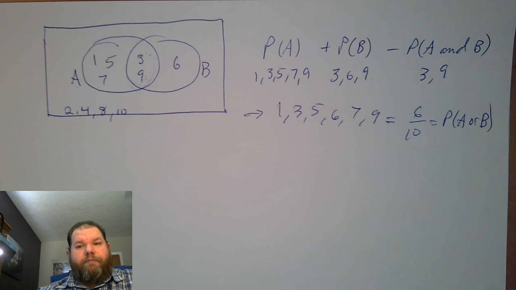Because there is this overlap of the two events, we have to account for that in our calculation of the union of the two events.